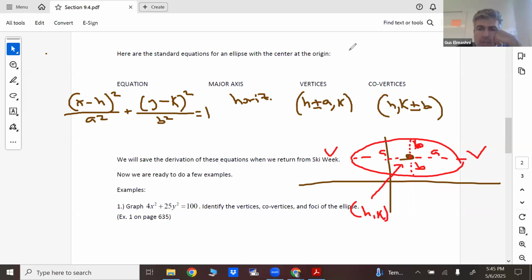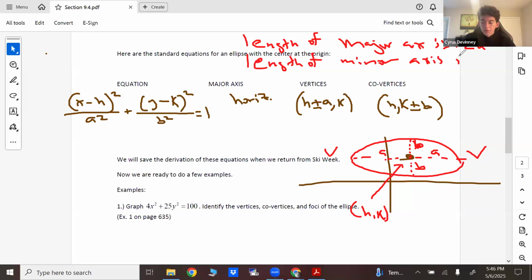So that's what we do, K plus or minus B. So we call the length of the major axis 2A, and the length of the minor axis 2B. Minor because it's smaller.